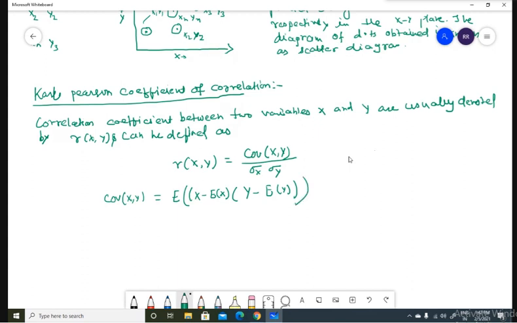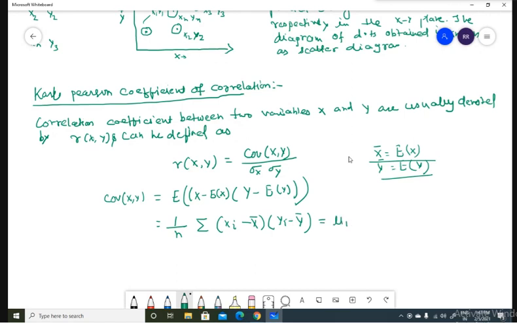Basically x bar is nothing but the estimate of expectation of x and y bar is the estimate of expectation of y. In terms of summation it can be expressed as xi minus x bar and yi minus y bar, which is also called mu 1 1.